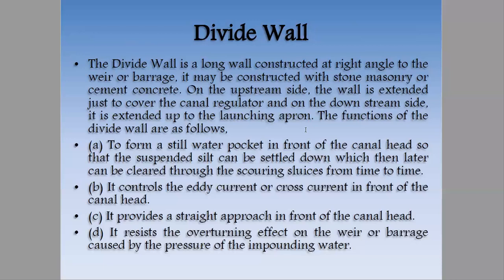This could damage the structure, or it could hamper the regulation works. So we need to nullify this effect, and how will we do this? We will construct a divide wall so that it could nullify the eddy current effects.